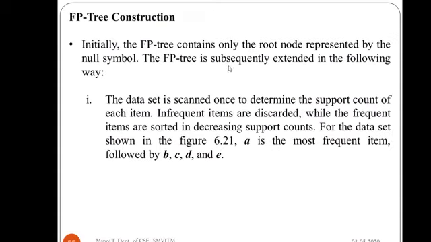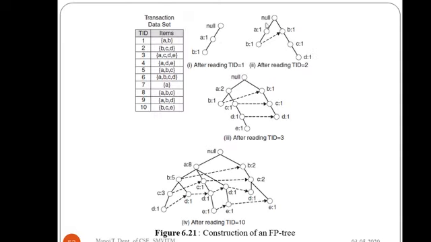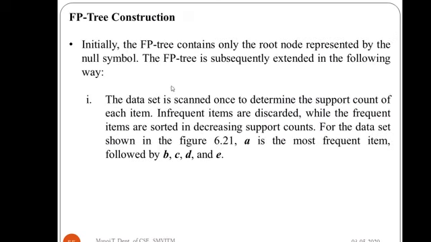Initially the FP tree will contain only the root node represented by the null symbol. Actually, before reading any transaction from the data set, it will contain only the one node which represents null.